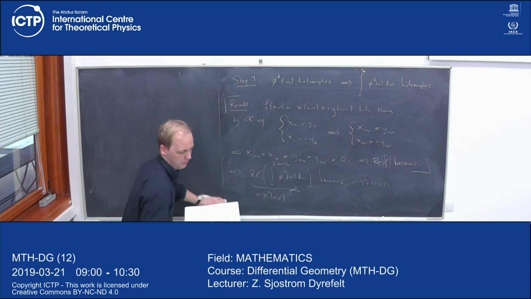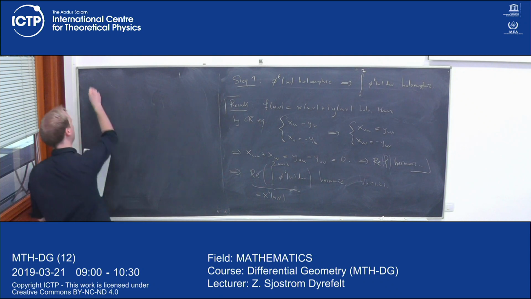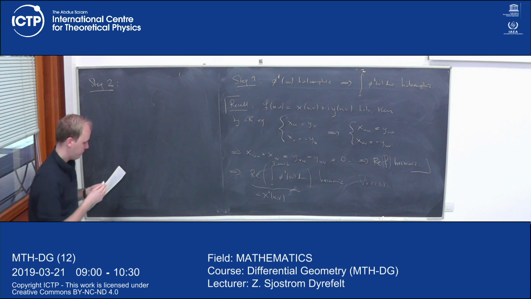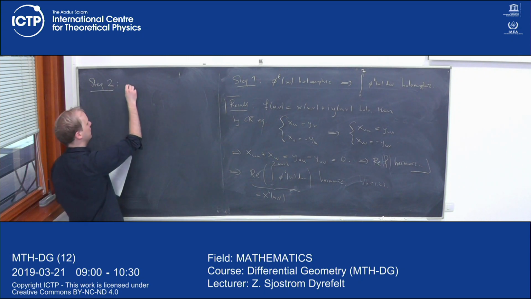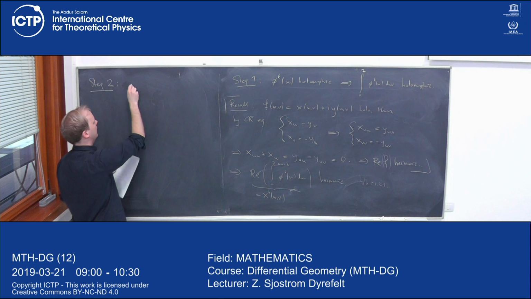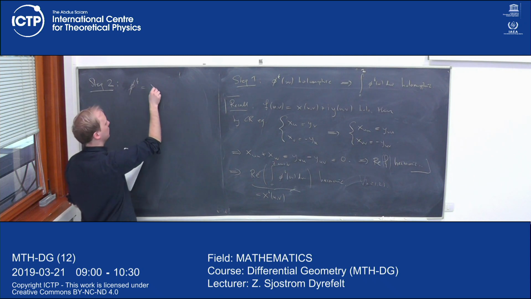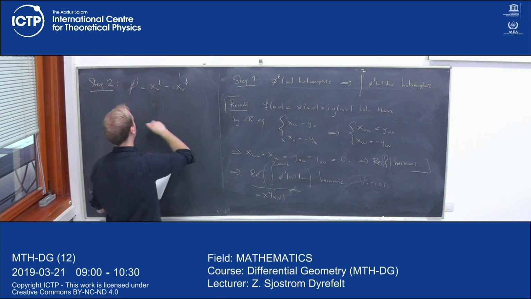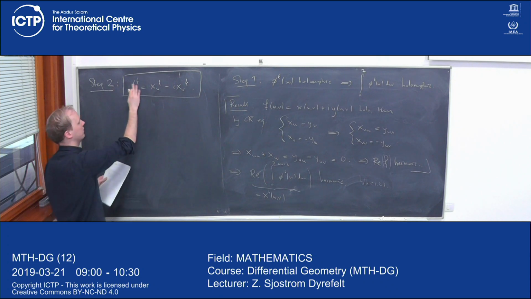So the second piece of information that I need to prepare before I can conclude the proof is step 2. Step 2 says that we have phi k is equal to x_u^k minus i x_v^k. So this is somehow a key step.